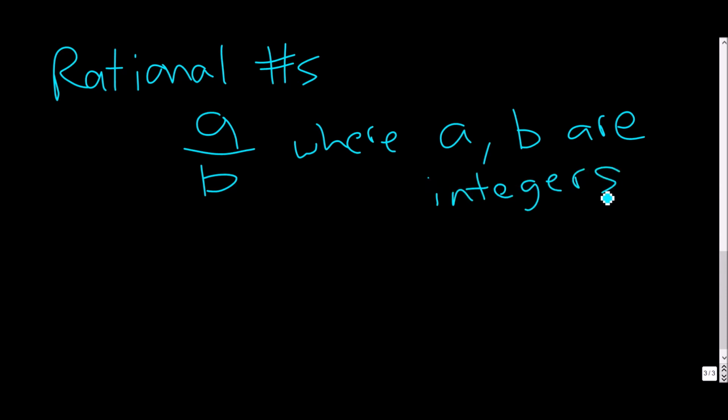Okay, so anything that can be written as a fraction with integer values is a rational number. So the main irrational numbers are surds, they're irreducible square roots. But there are an infinite number of irrationals. But if we refer to a rational number, there are no square roots involved.